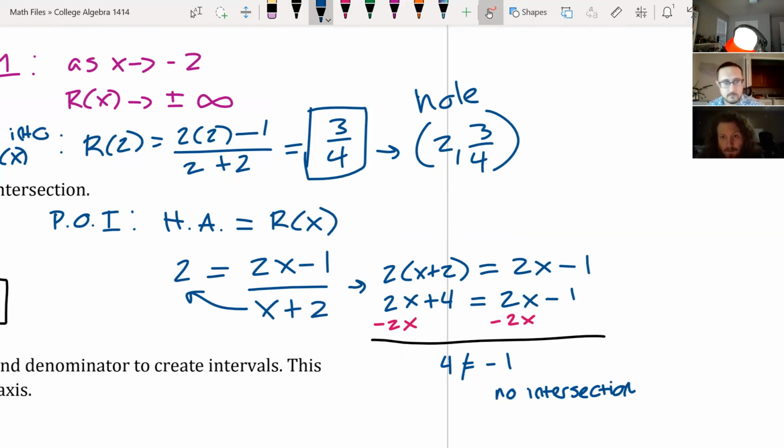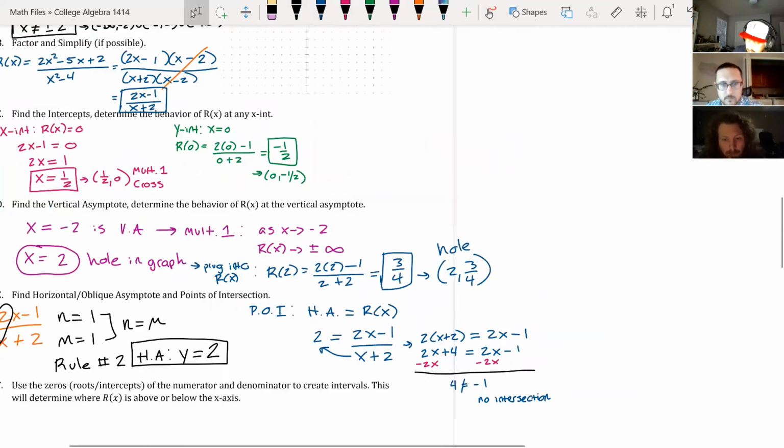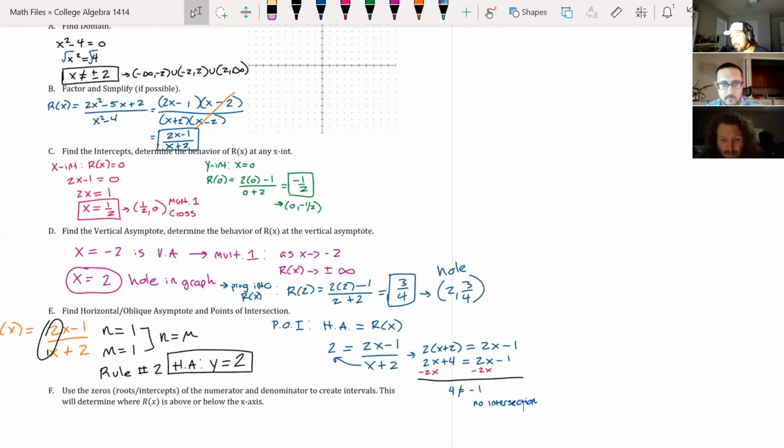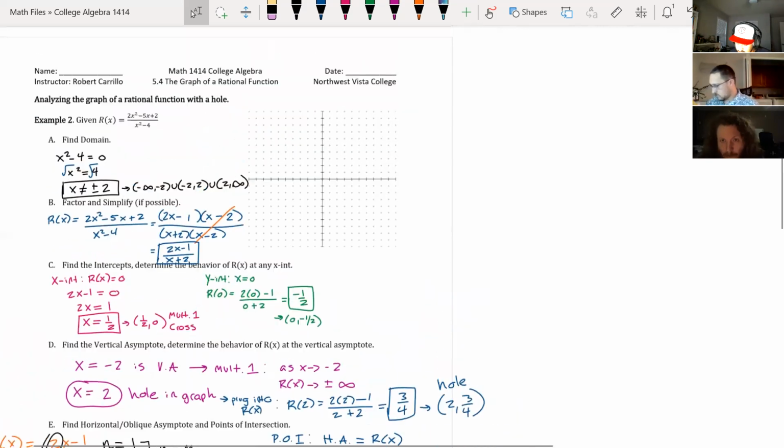Okay. Let's go ahead and plot everything we have so far before making that sign chart. So first up is my x-intercept and my y-intercept at 1/2 and -1/2. So let's go ahead and do that.